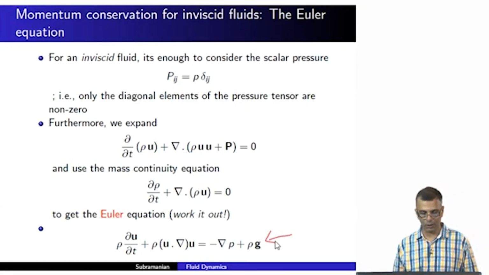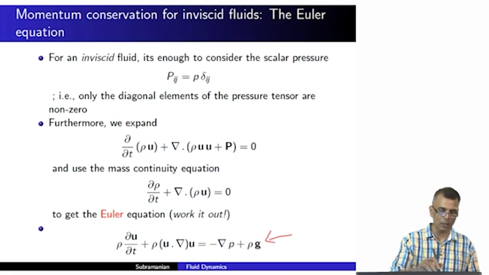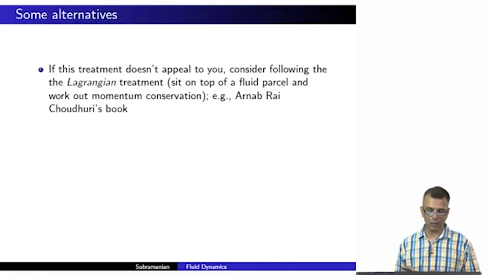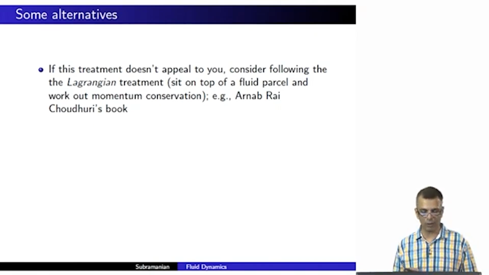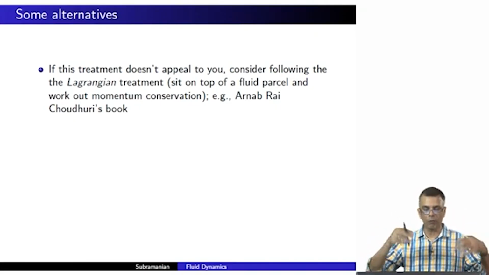The Euler equation is valid only for inviscid fluids, in other words, situations where the viscosity is not important. There is a simpler form of the Euler equation which you will find in Arnab Rai Chaudhury's book. It follows the Lagrangian treatment. In other words, you write down an F equals ma sitting on top of a fluid parcel.